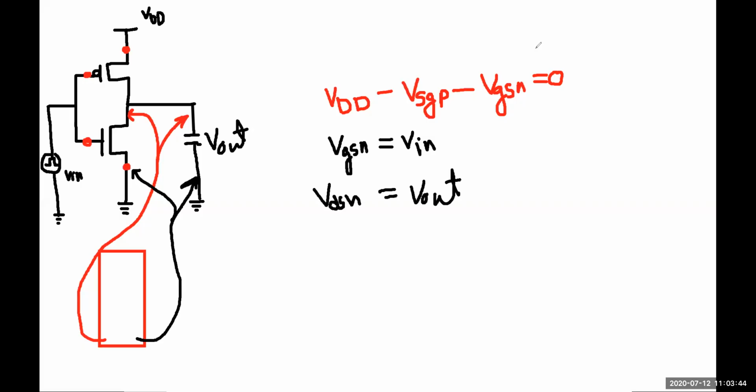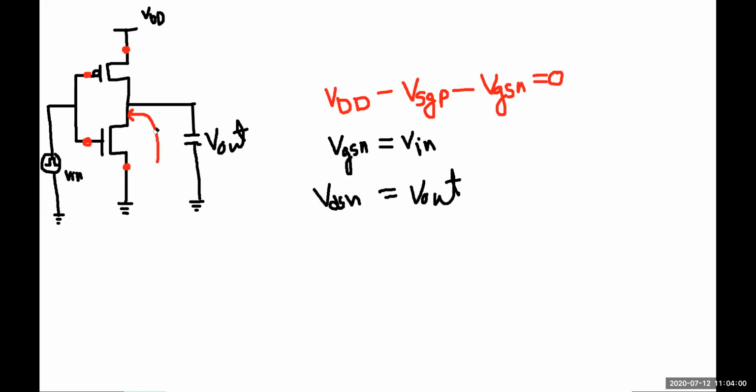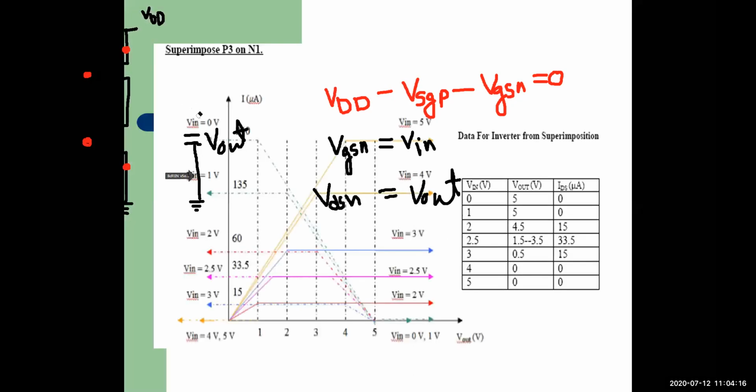Thank you. So our VGSN is equal to V in. Our VDSN is equal to V out. So this work is done. We can remove it. Now we will be applying a KVL.